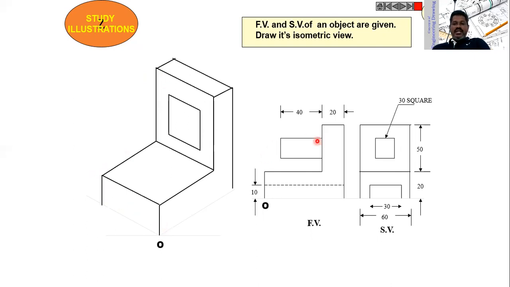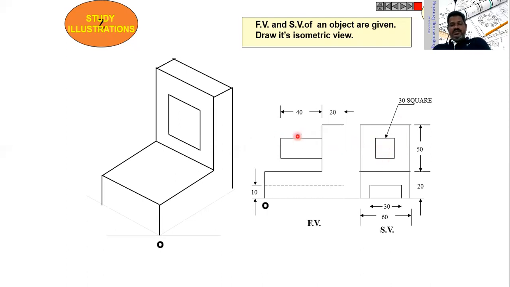So exactly at this location at a certain height, or you assume that it is a mid of this shape, there is a square bar projecting from this face for a side of 30. So as you can see here, the length of this square bar is 40. The side is also 30.